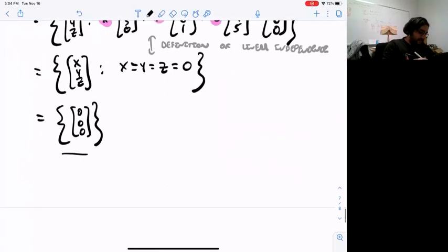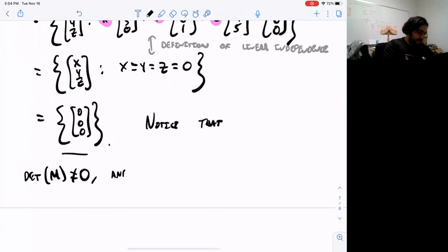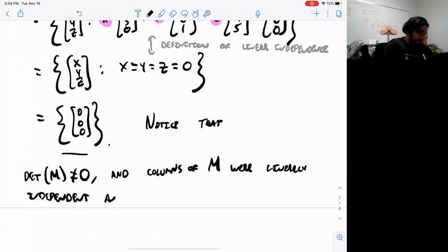So once again, what did we see? Notice in this example that we had a non-zero determinant, and we had that the columns of M were linearly independent, and that T had trivial null space.